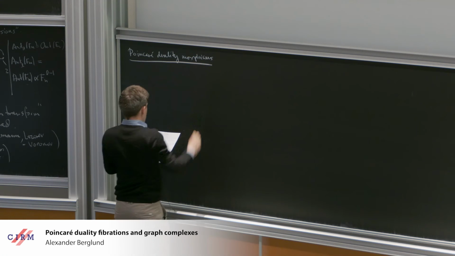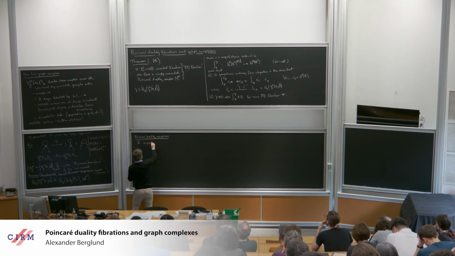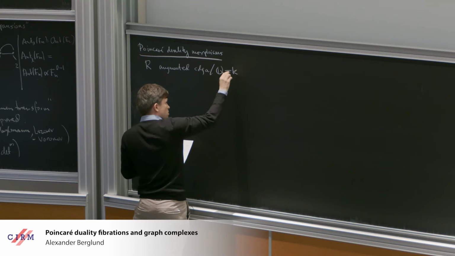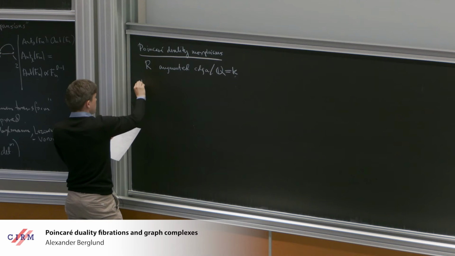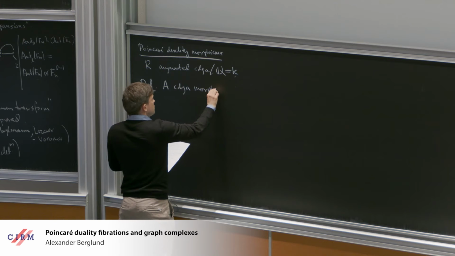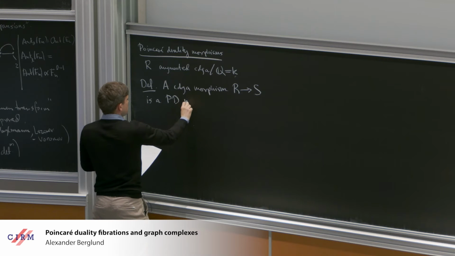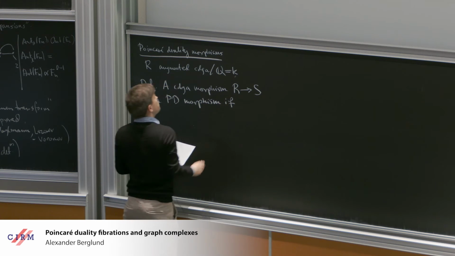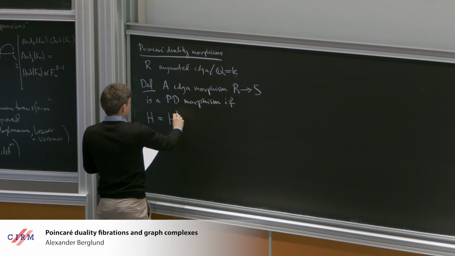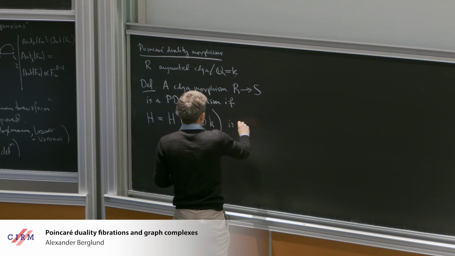So let's now switch to algebra and define a corresponding notion there. Now my base will be some augmented commutative differential graded algebra over Q. And I think I will start writing K. So to be safe, K is always Q if I happen to write K instead of Q. So the definition is that a commutative differential graded algebra morphism from R to S is a Poincaré duality morphism if, you want to model the situation above, the fiber, which algebraically can be expressed as follows, the cohomology of the fiber is a Poincaré duality algebra.